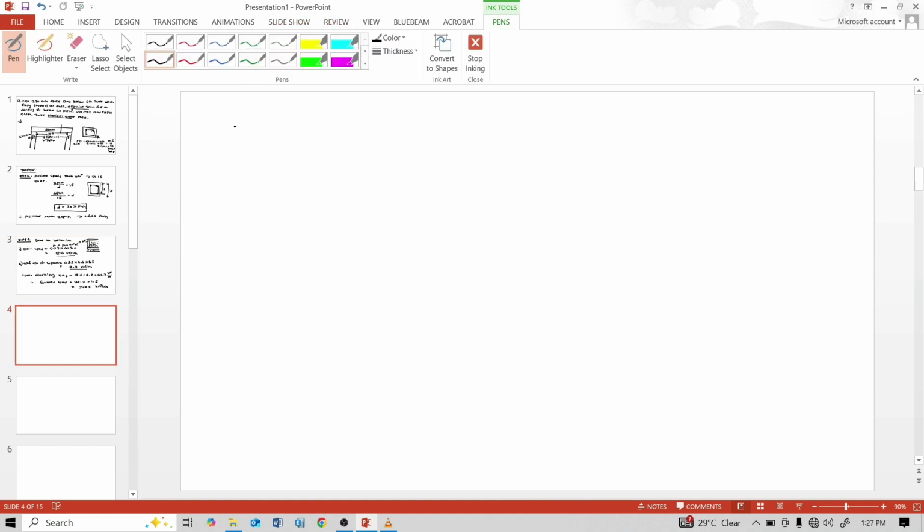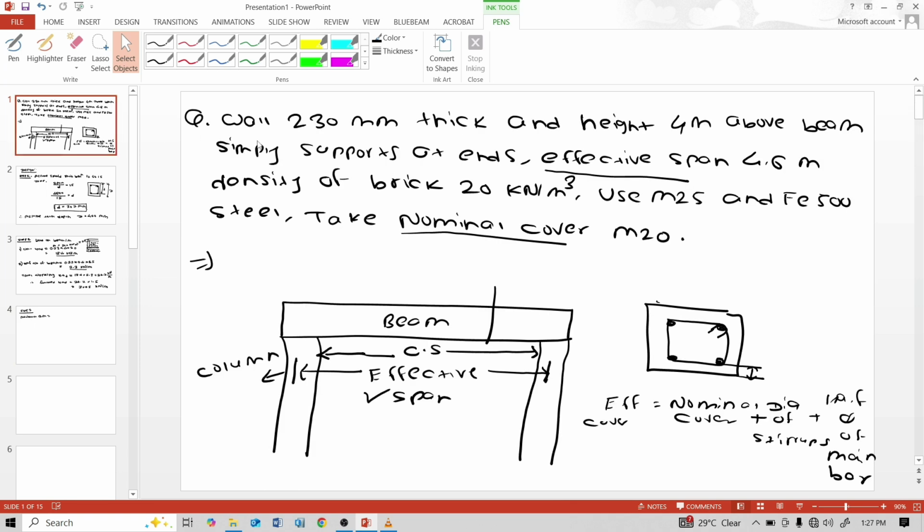Next, step 3. Maximum bending moment. So beam is simply supported. In the example, they have given us simply supported ends.